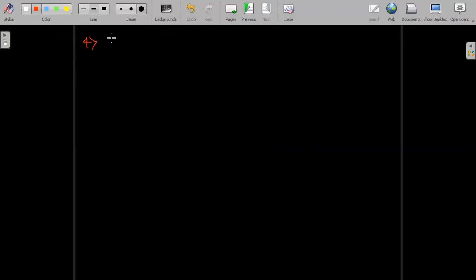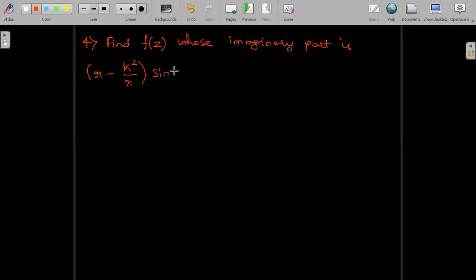So determine the analytic function, or find the analytic function f of z whose imaginary part is given as r minus k square divided by r multiplied by sin theta, and it is given that r is not equal to 0. If r becomes 0, this becomes an infinite value. Hence find the real part.